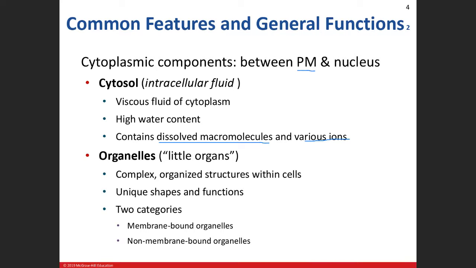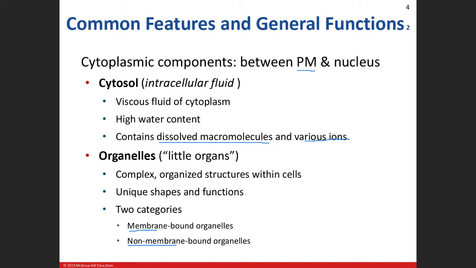Now, in addition to the cytosol, we'll find the organelles of the cell in the cytoplasm, all right? And these organelles have several different types of functions, and they're relatively complex structures. We're going to go through what these organelles are, but we break them down into two categories. The first one is membrane bound, okay, and the second one is non-membrane bound. If you're a membrane bound organelle, that means that you're covered by something, obviously we'll refer to it as a membrane.